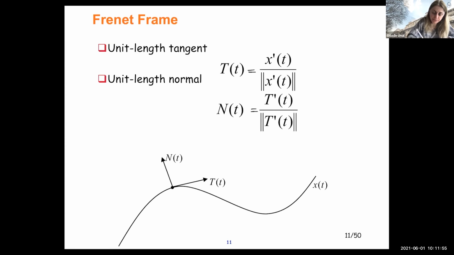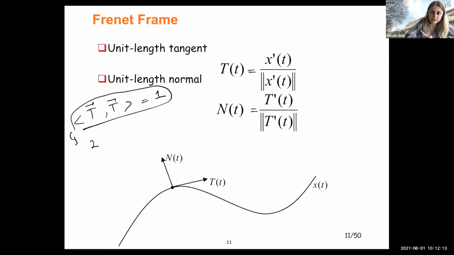If I have my unit tangent vector, take its dot product with itself, it's equal to 1. I typically motivate it in this way. Now take the derivative of this equation. So that would be 2 times T dot T prime, and that is equal to 0.